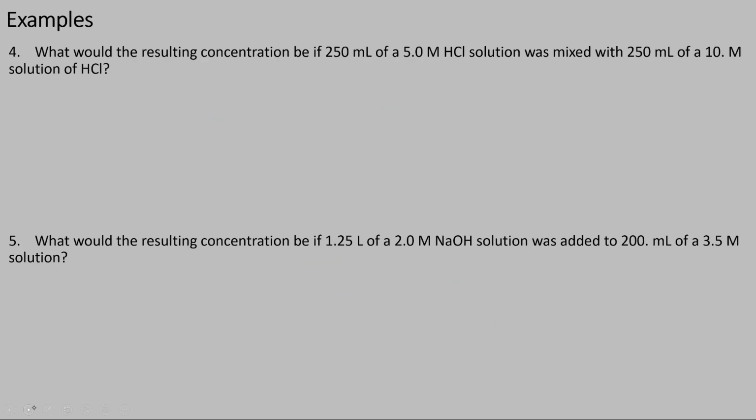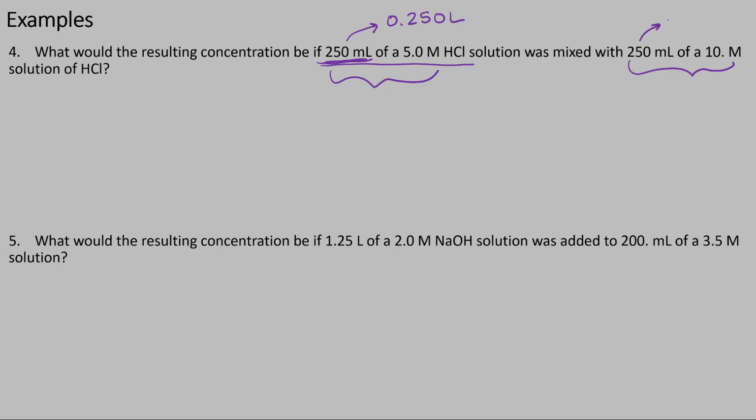All right, what would the resulting concentration be if 250 milliliters of a 5 molar HCl solution was mixed with 250 milliliters of a 10 molar solution of HCl? So the first thing I'm going to do is find the number of moles here, and find the number of moles here. So I have 250 milliliters, which is 0.250 liters. We're going to divide it by 1,000 because there's 1,000 milliliters in a liter.